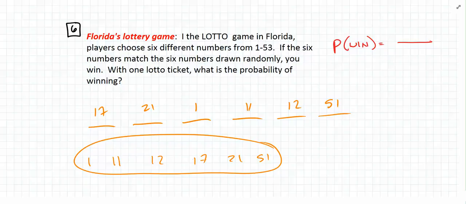I wish we had a calculator or something to tell us that answer. Okay. Exactly. So 53 choose 6. This is our number in the denominator, because that number represents all the ways in which we could choose 6 numbers from 53. Does that make sense to you?